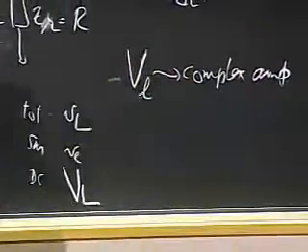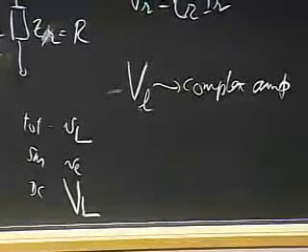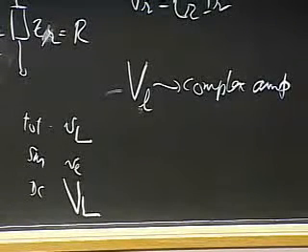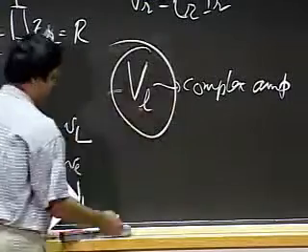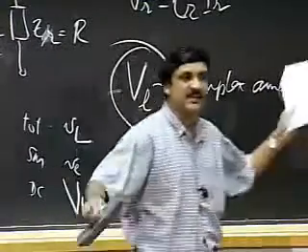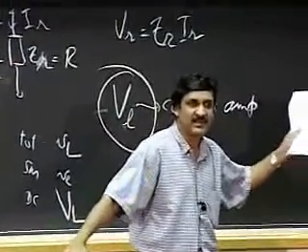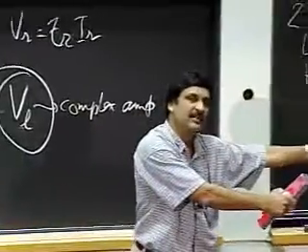complex amplitude in this small boxed region of my playground where the good things happen and exponentials fly. Okay? So whenever someone gives you a variable, capital V, small l, remember it's a complex amplitude, a complex number, and you know how to get to the time domain from there.